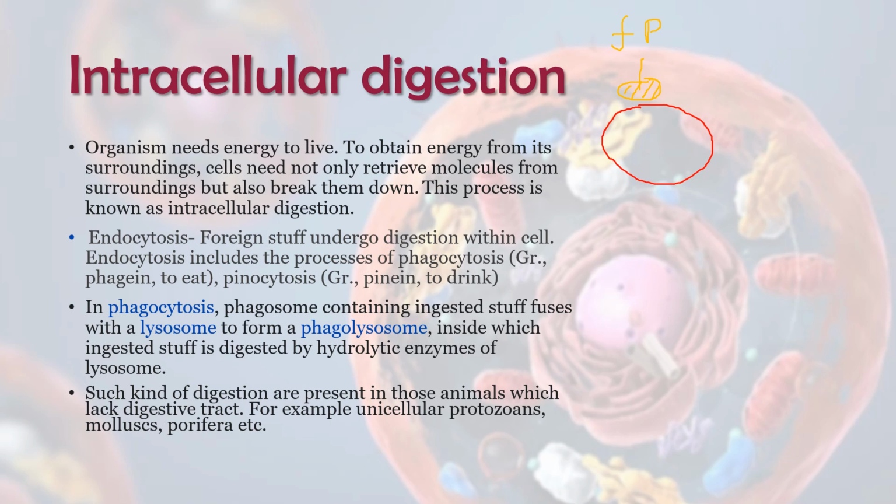Through phagocytosis, it is engulfed by the cell and comes inside the cell, where it is now called a phagosome.